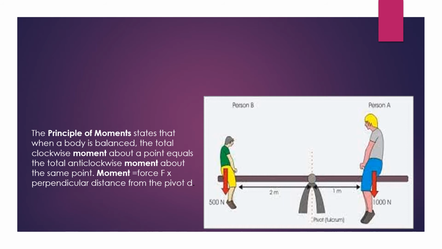The principle of moments says that when a body is balanced, the total clockwise moment about the point equals the total anti-clockwise moment about the same point. The moment is the force multiplied by the perpendicular distance from the point.